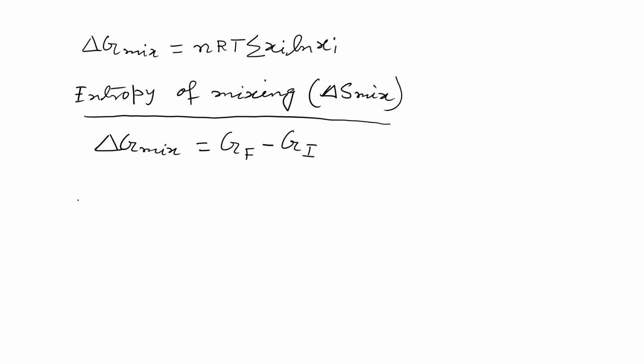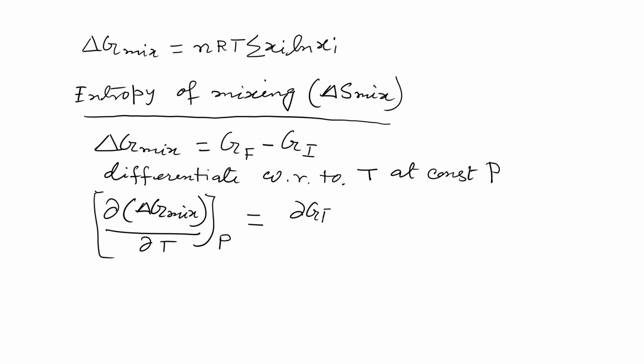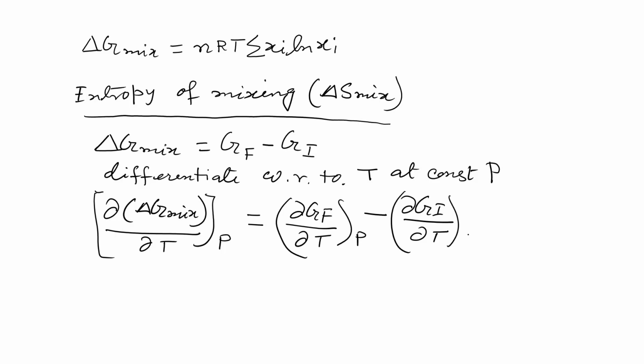If we differentiate with respect to temperature at constant pressure, then dol of delta G mixing by dol T at constant pressure equals dol Gf by dol T at constant pressure minus dol Gi by dol T at constant pressure.